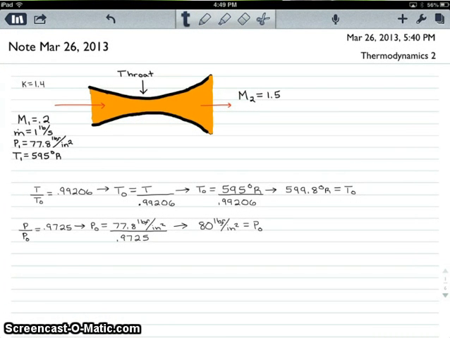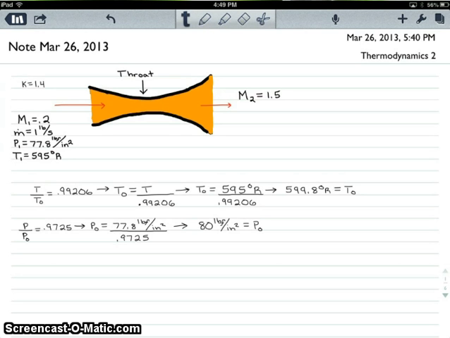To find the stagnation temperature and the stagnation pressure, as you can see, I've already solved it out, so I'll walk you through as you're solving your equation. T divided by T naught is equal to 0.99206 with a Mach number of 0.2.